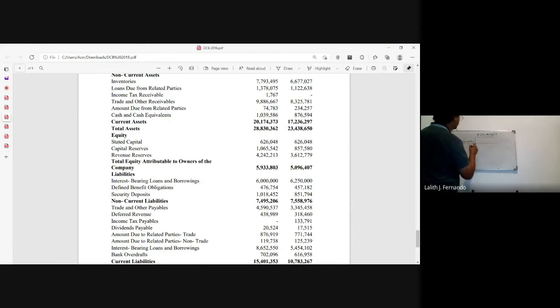And under liquidity, you have current ratio, acid test ratio, then turnover, receivable turnover, inventory turnover.